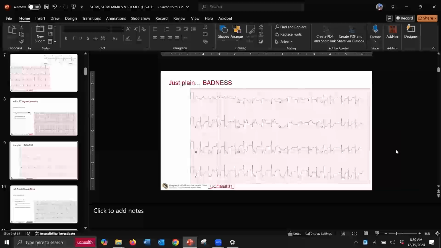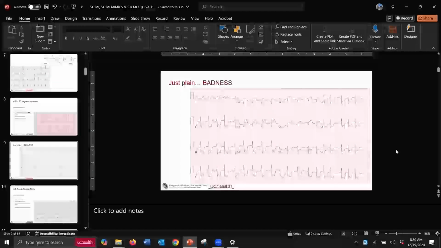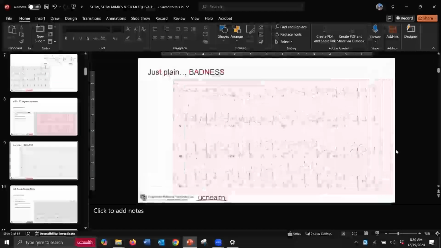So here's my question then. This is AVR elevation. Does this EKG meet STEMI criteria? I believe that it does. Anybody else? I can zoom in. I vote it absolutely does.